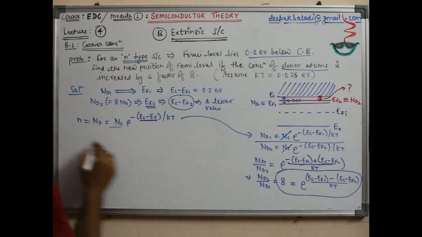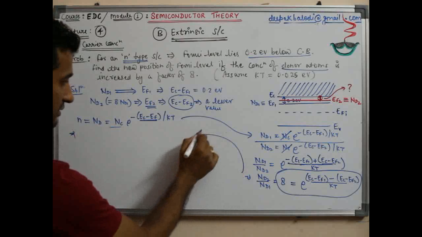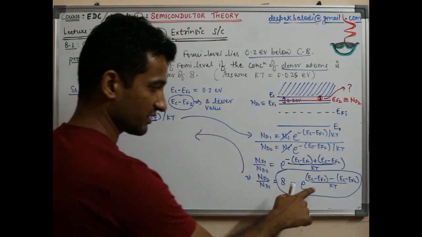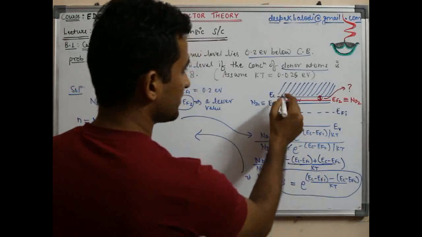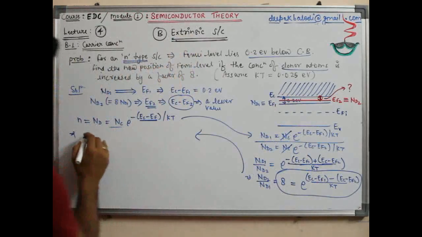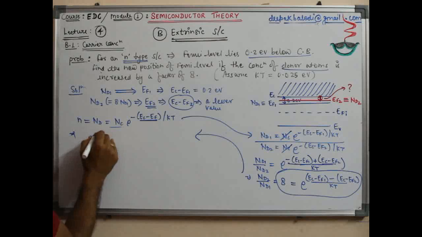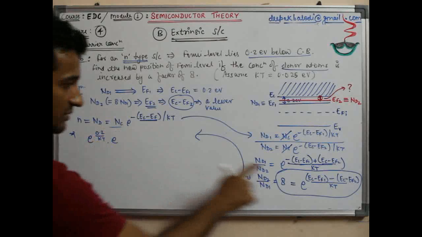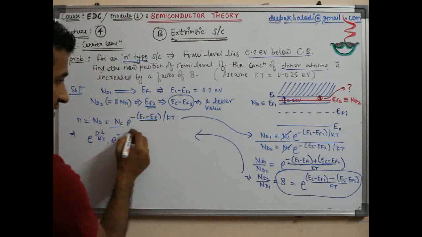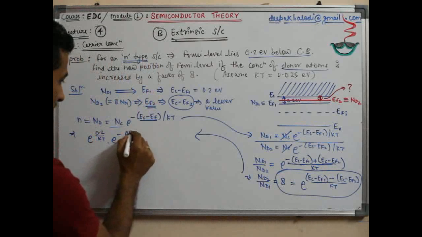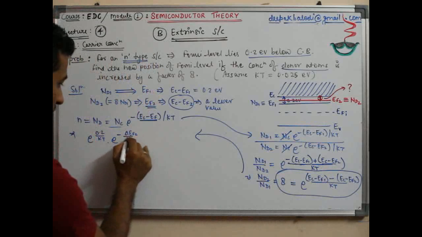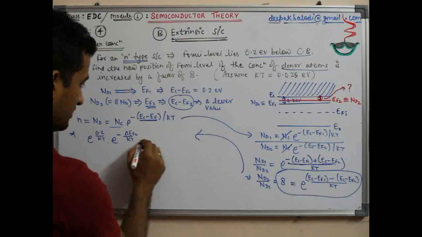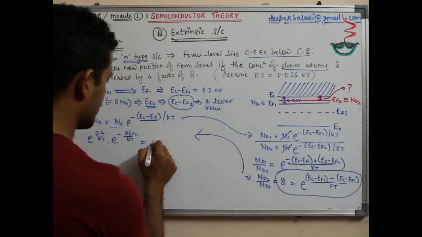For this we come here and this makes it EC minus EF1. EC minus EF1 was 0.2. So e to the power 0.2 by KT is separated from e to the power minus something we need to calculate. Let me call it delta EF2 upon KT is equal to 8.